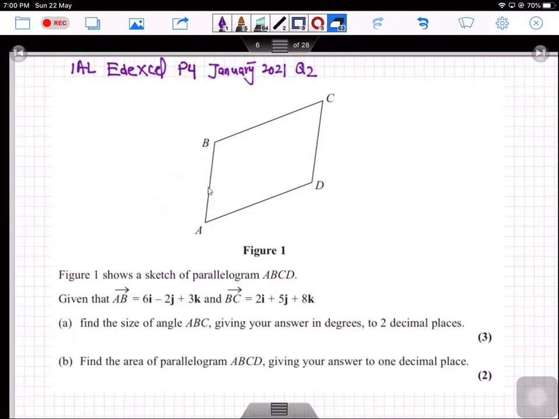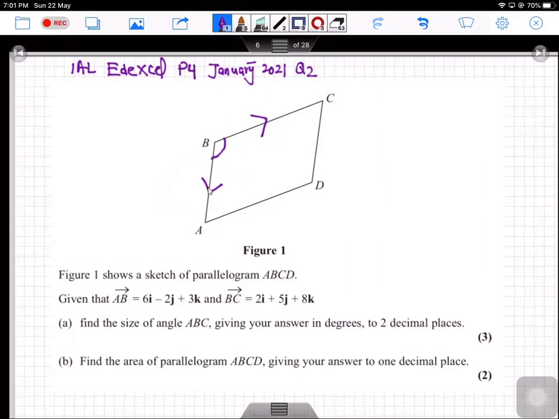So either you select CB vector and AB vector, in which case the two vectors are converging to the point B. Or alternatively, if you are selecting BC vector, then you are supposed to select BA vector over here. In this case, both vectors are diverging from the point B. So whatever you feel like, you can do it in both ways.